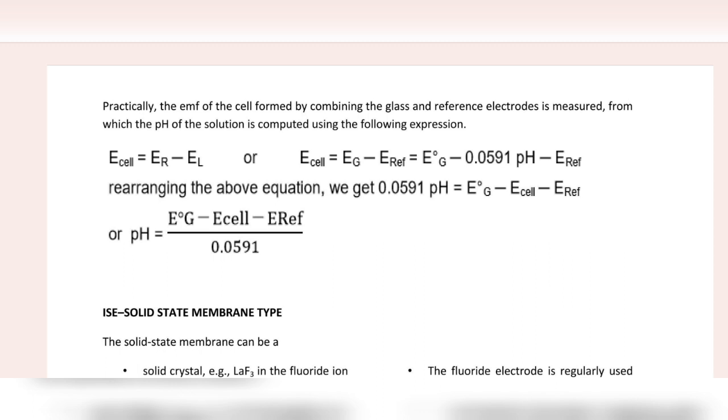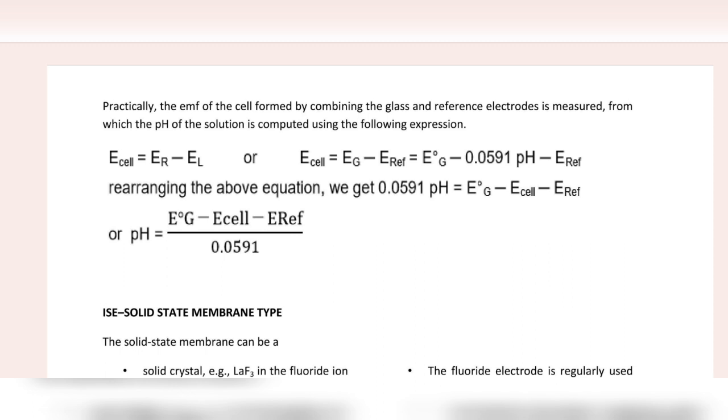And E glass, the glass potential, we can write as E0 glass minus 0.0591 pH. That pH we obtained from 0.0591 log of 1 by H+ concentration, and log of 1 by H+ we can write as minus log concentration of H+, which is nothing but the pH, right?